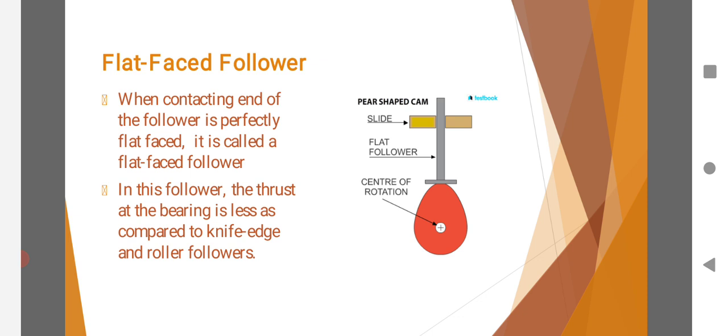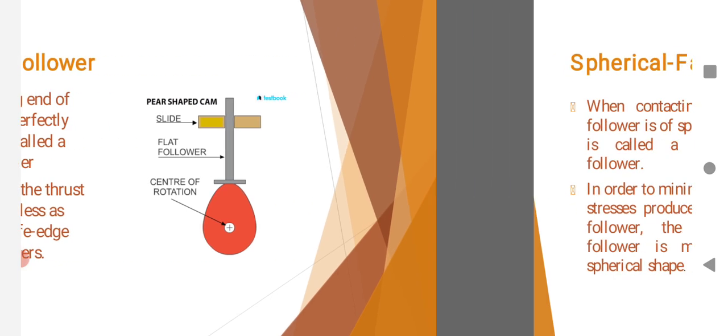The contact between the cam and the follower is larger because the load is spread over a wider area. The side thrust and pressure on the bearing are reduced compared to knife edge and roller follower. If you look at this picture, you will understand what a flat faced follower is.